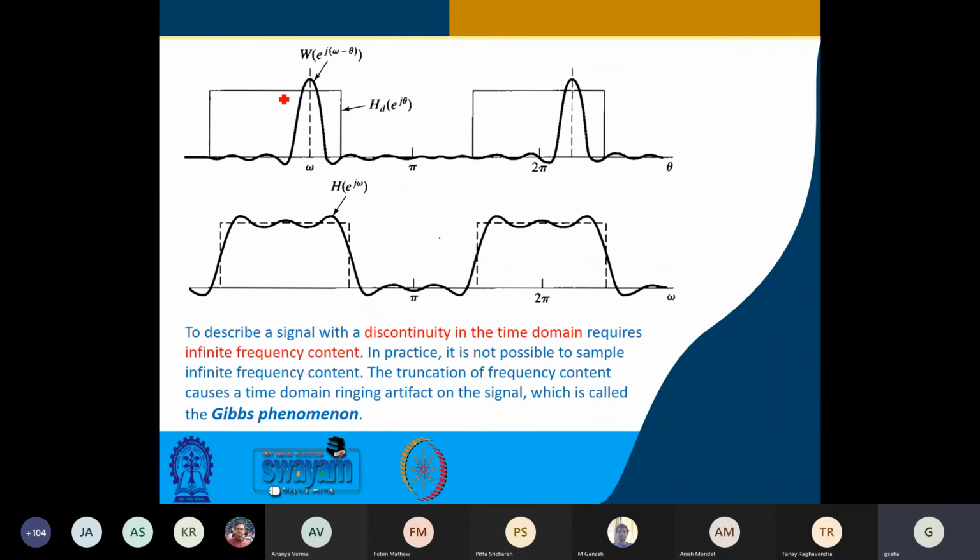The convolution means that you reverse W(e^jω), and because of the symmetry it will look the same, and then you shift it for every value of omega and look at the overlap with this rectangular, ideal one.